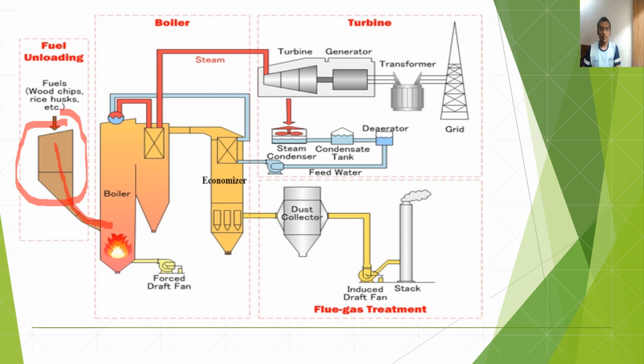The feeder has to maintain consistency and control of fuel. Next is combustion. So the biomass fuel we have prepared goes into the combustion chamber through this pipe and burns to release the heat energy.